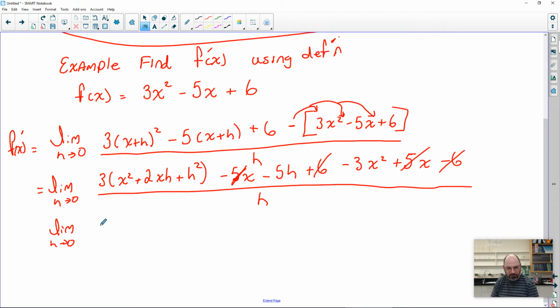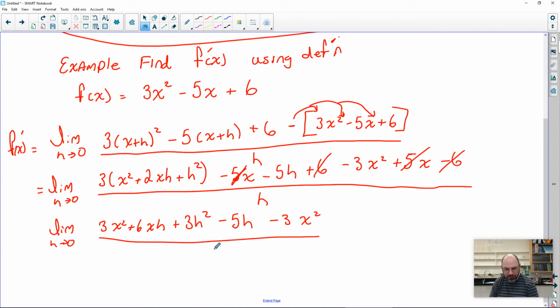So we're still taking the limit as h approaches 0, and this is going to be equal to 3x squared plus 6xh plus 3h squared minus 5h minus 3x squared, all over h. Now we can see that we've got 3x squared plus and a 3x squared minus, so those cancel out there.